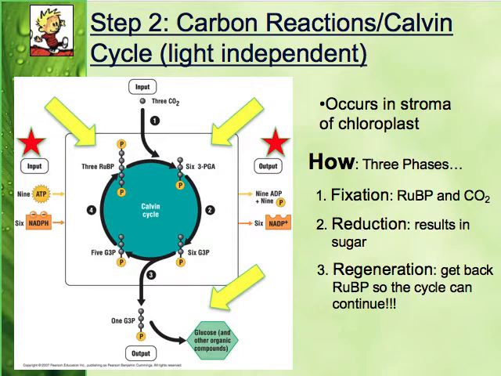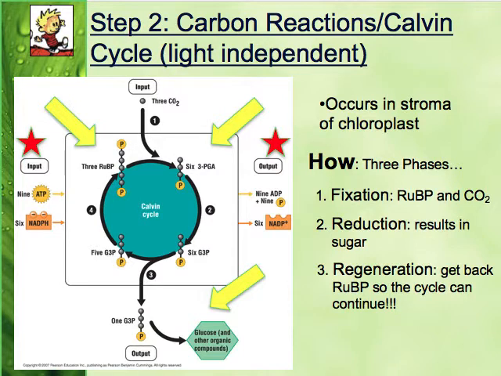Number one, the first phase of the carbon reactions is carbon dioxide fixation. During carbon dioxide fixation, an enzyme catalyzes a chemical reaction in which a 5-carbon sugar called RuBP and carbon dioxide gas are the reactants, and the products are a 3-carbon compound that will be used in the next step.